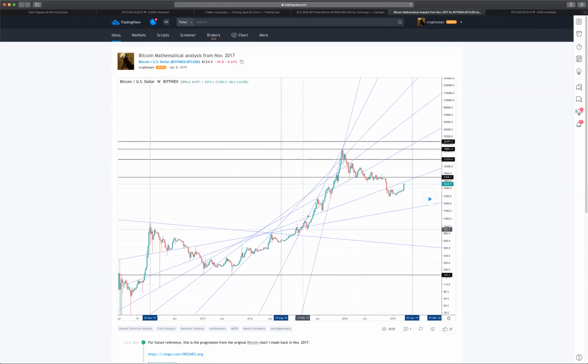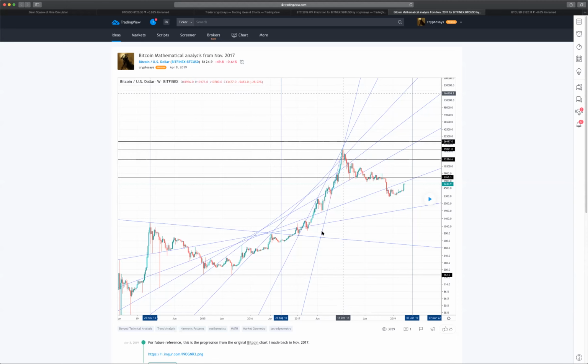So basically I had these trend lines for the future and I started following 2016, 2017, and I noticed how they were bouncing from each one of the quadrants. And that's how I was able to mark the top between $17,000 and $19,000 around November 2017. That was my top because I didn't have any more trend lines.